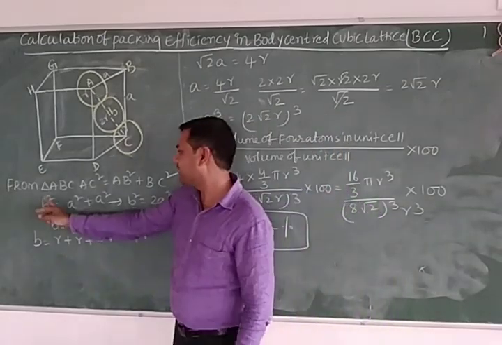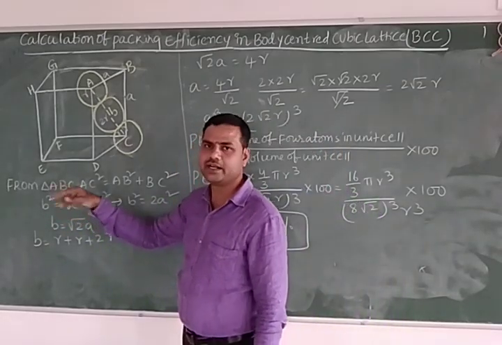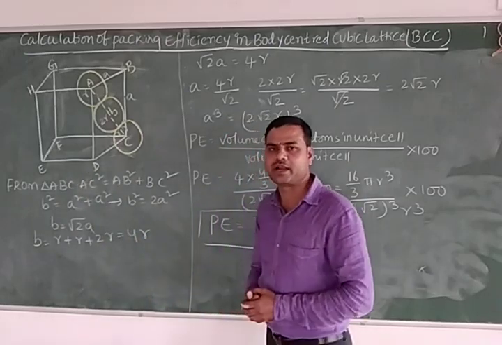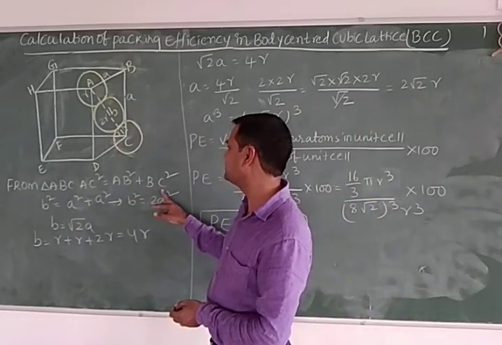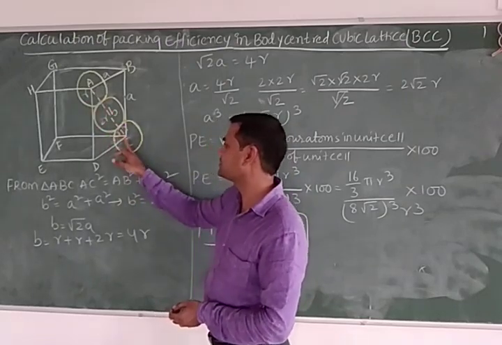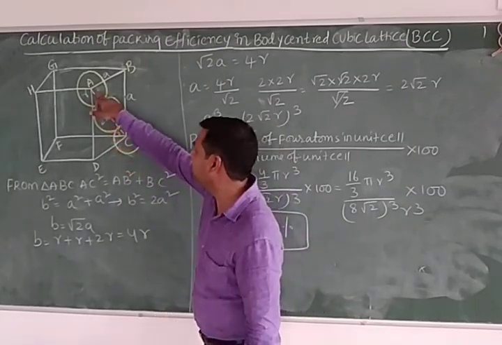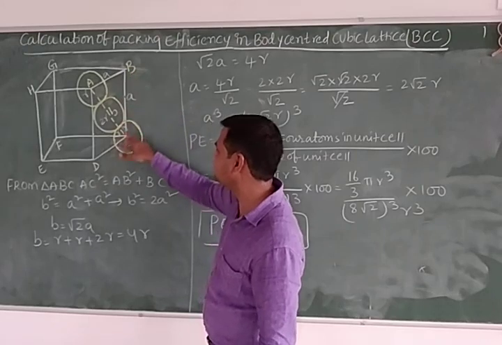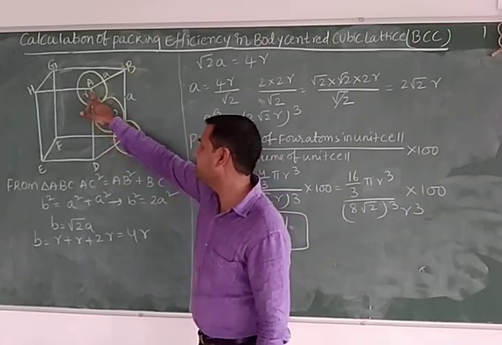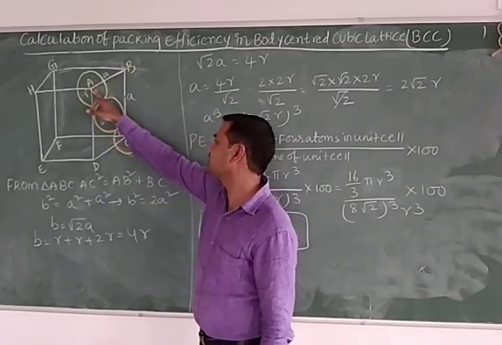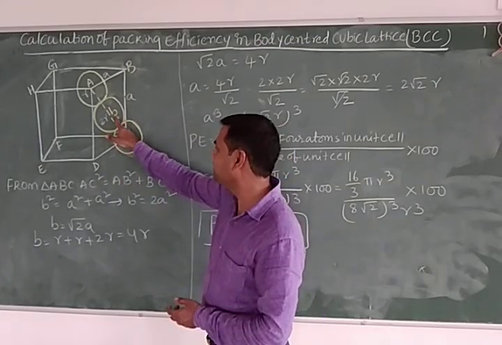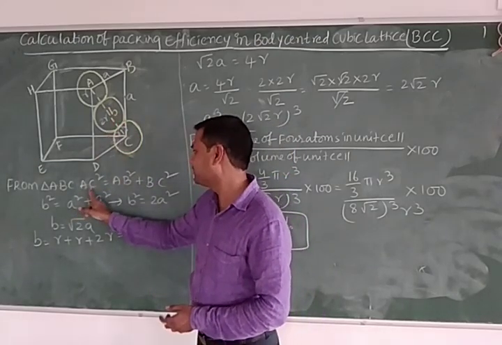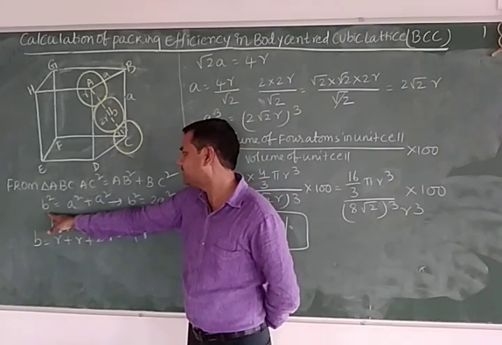And also the edge length is denoted with a. Now from triangle ABC, according to the Pythagoras theorem, we write AC square is equal to AB square plus BC square. What is the AC value? AC is completely a face diagonal. AC is denoted with b. Therefore, in place of AC square, we write b square.